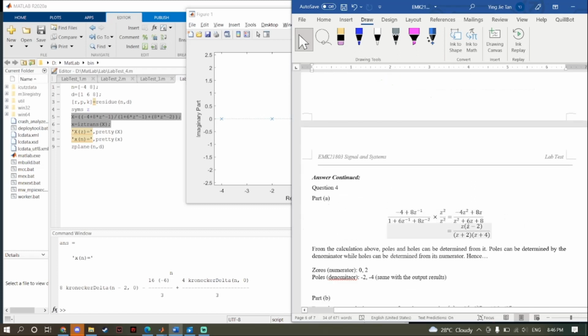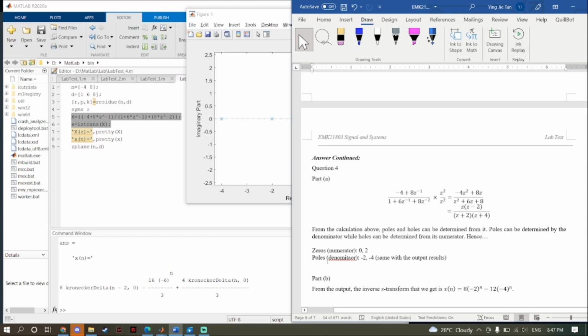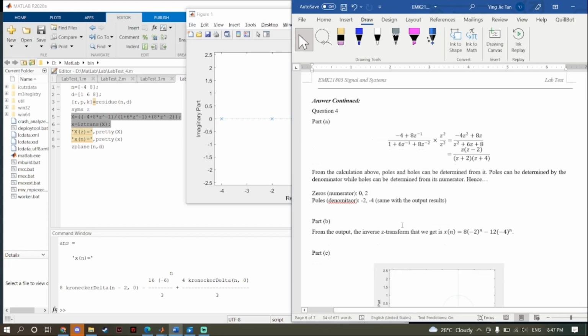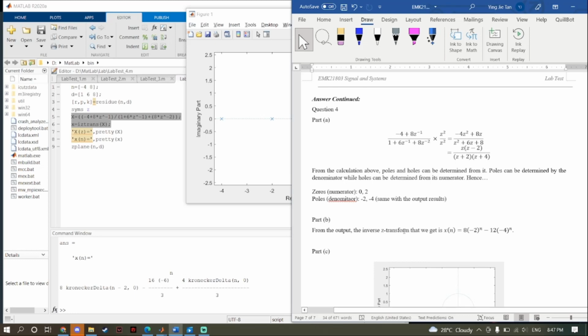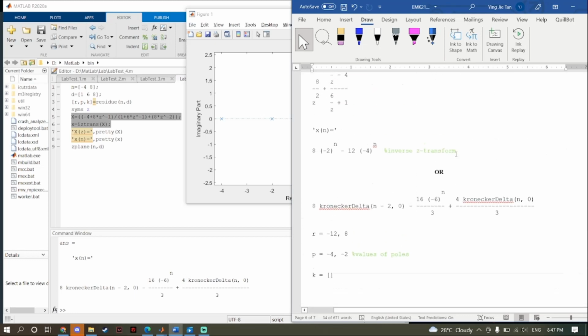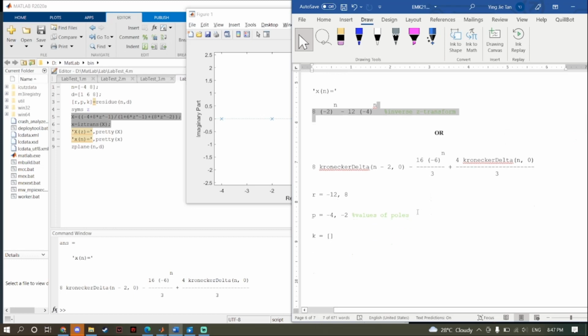And then we will use some calculation to get to the last step and get our zeros and poles. Zero means our numerator, poles is our denominator. So from here, z equals 0, z equals 2, z equals -2, z equals -4. Zeros and poles, done. And then next we're going to check the inverse Laplace transform from our output here. This one. So we just put in our answer, and also your poles you can check with this one.